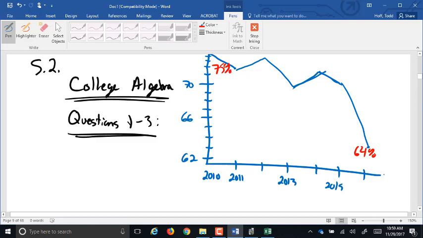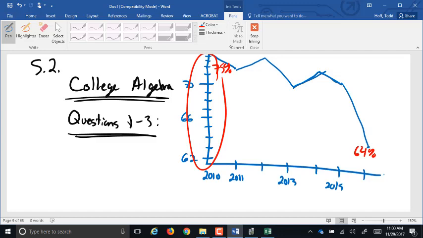But why does it look like it dropped so much here? What's going on the axis over here that makes it look like there's such a big difference?